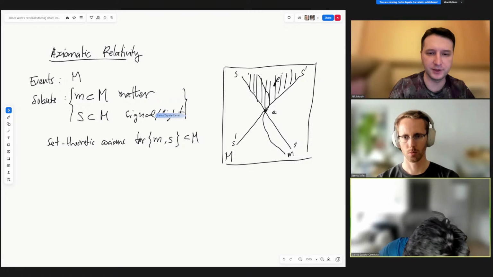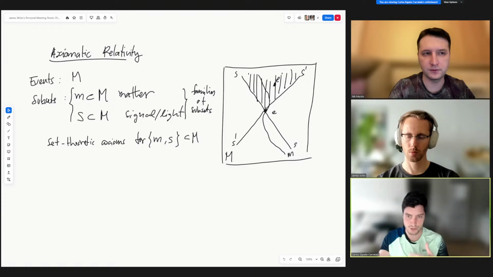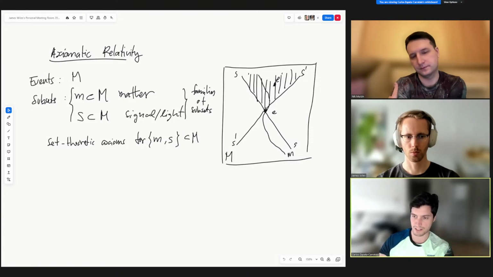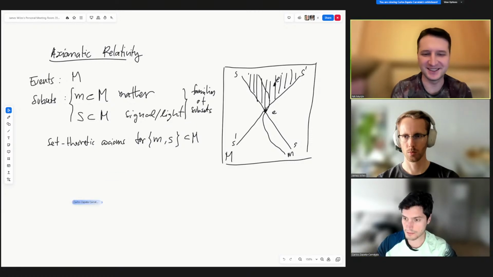Somehow. You are. Okay. So you're definitely distinguishing between matter and light to begin with. That's really weird. That already seems unnecessary.